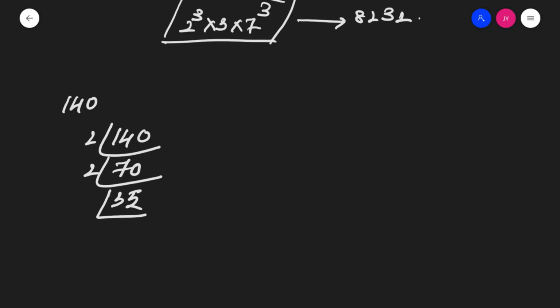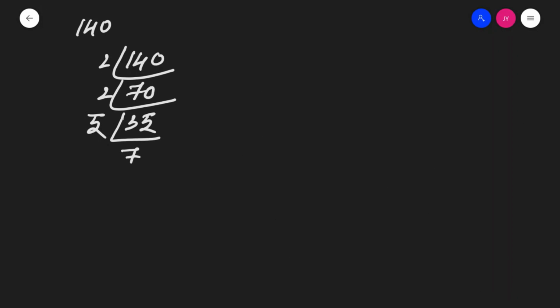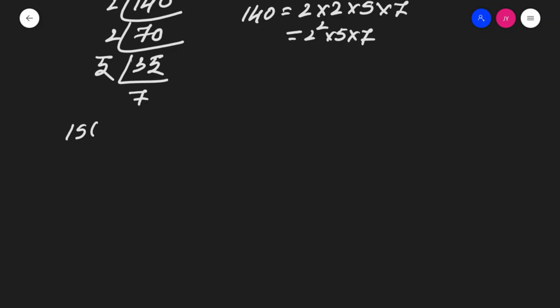We cannot divide 35 by 2 or 3. So the next number is 5. 5 sevens are 35, and 7 is again a prime number. So we don't need to divide it. So 140 is equal to 2 into 2 into 5 into 7, which is 2 power 2 into 5 into 7. Another number, 156. 156 is divisible by 2. It is 78.